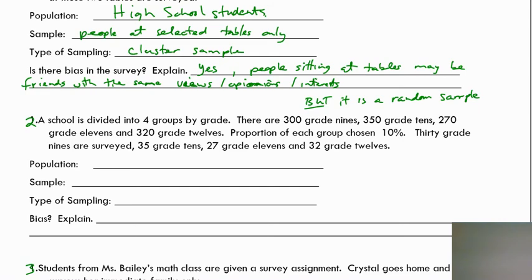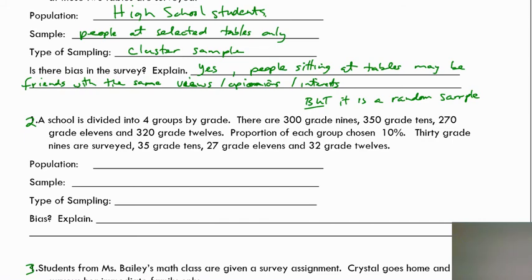So anyways, okay, a school is divided into 4 groups by grade. There are 300 grade 9s, 350 grade 10s, 270 grade 11s, and 320 grade 12s. A proportion of each group chosen, 10%. 30 grade 9s were surveyed.